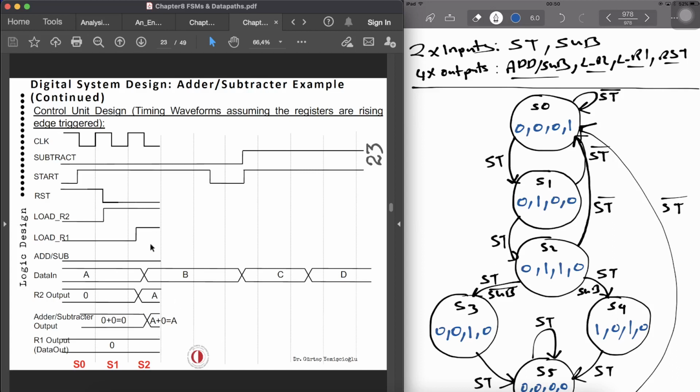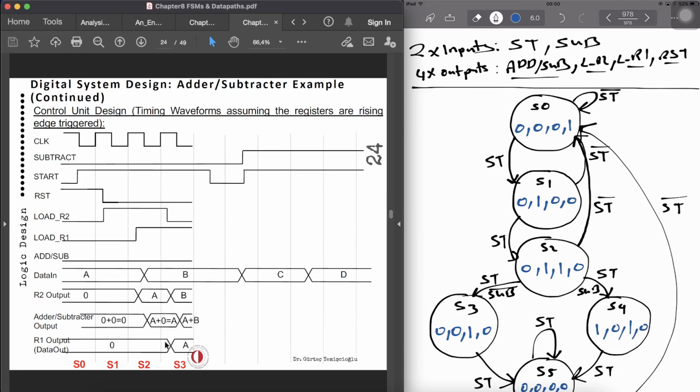As R1 load is also asserted, the adder-subtractor will have A plus 0, so the R1 value. A plus 0 will give us A, and that will be stored in R1 on the next clock edge.